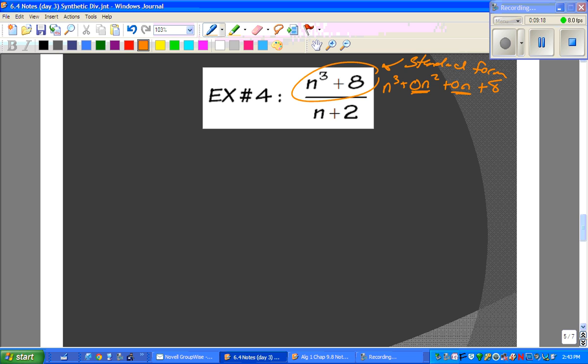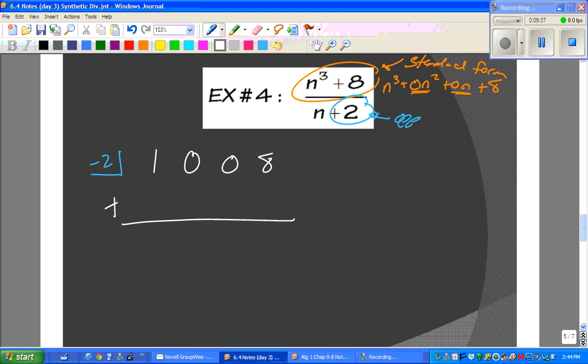So let's go ahead and set everything up. We need the opposite where the negative 2 comes in. And then we're going to have 1, 0, 0, 8. Now, go ahead and pause the video and see if you can solve this all by yourself. Good luck.